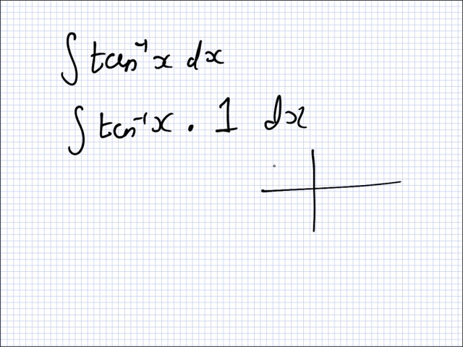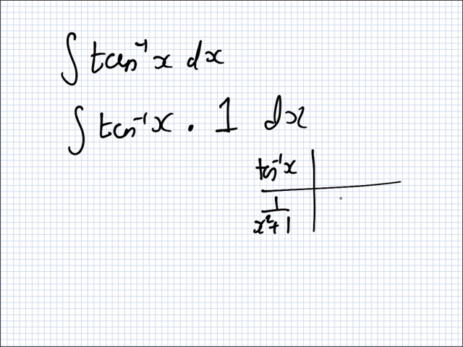What's f here? Tan inverse x. Yes? And what's f derivative? Now this is in the formula book. The derivative of tan inverse is in the formula book. 1 over x squared plus 1. Okay. Yeah, we're using the letter u in the previous one, aren't we?